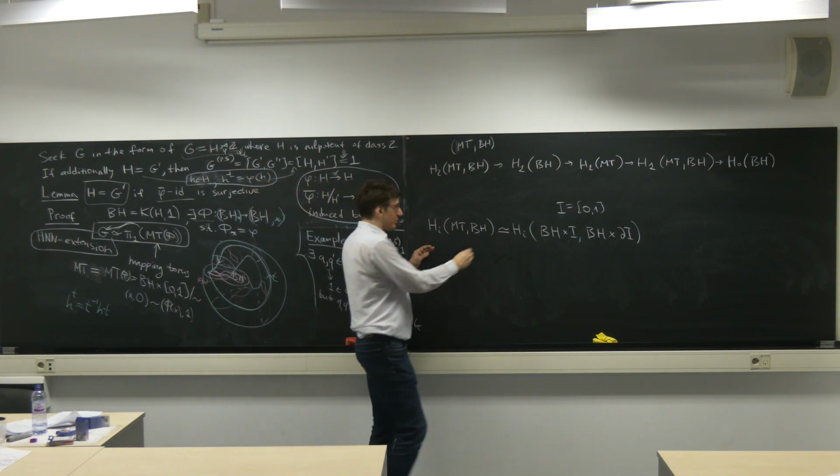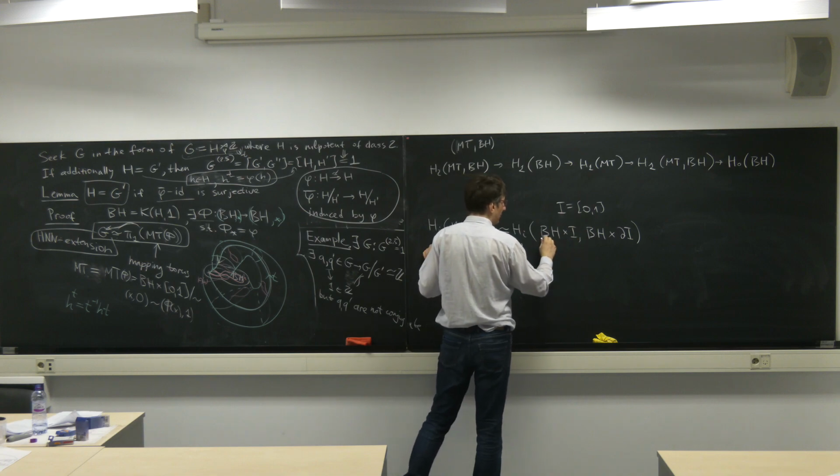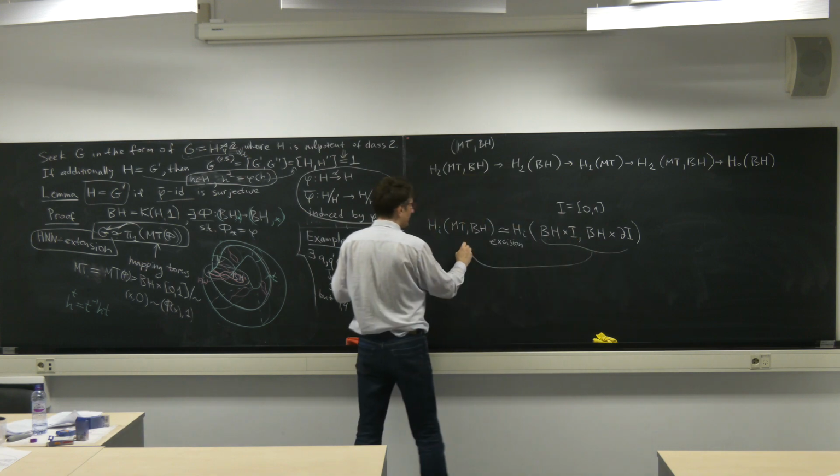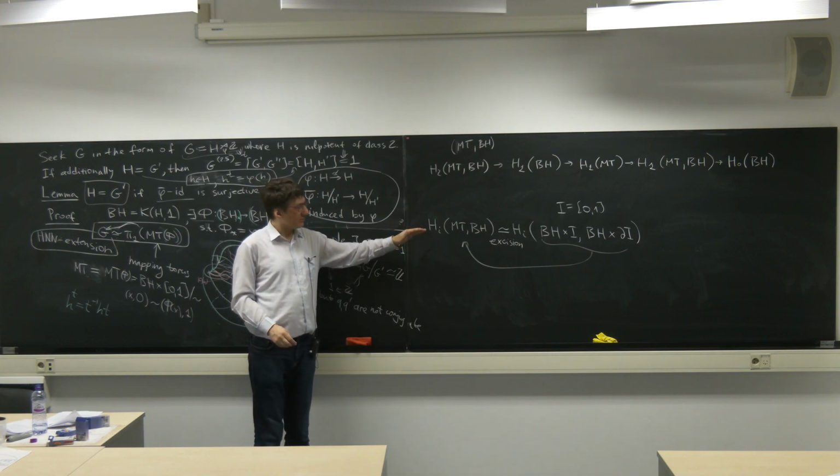So this is more or less by excision. Or more precisely, you can map this pair into this pair, so it's a map by excision.